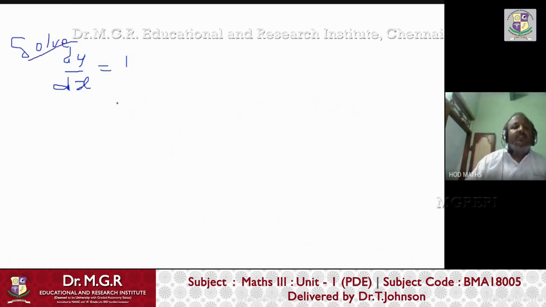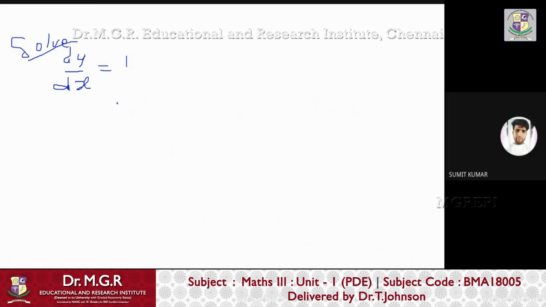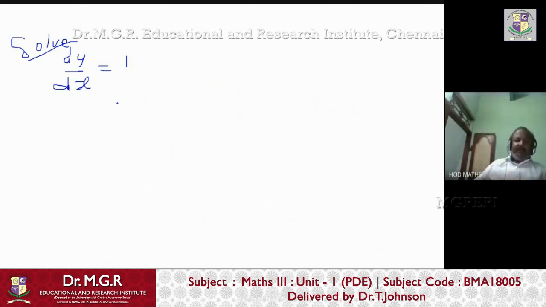How to solve? Anybody knows how to solve a differential equation? No, I am asking about dy by dx equals 1. I start with this. This is a differential equation I have, and I want to solve it. How to solve? Forming a differential equation means you differentiate an ordinary equation, then you get a differential equation.